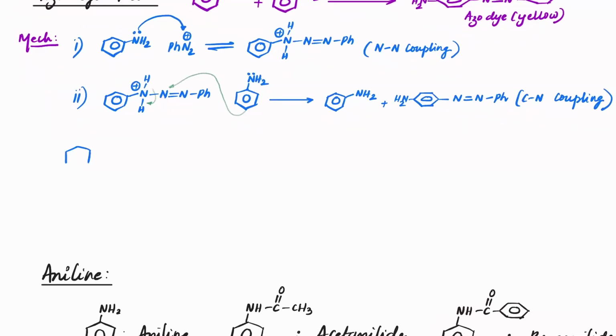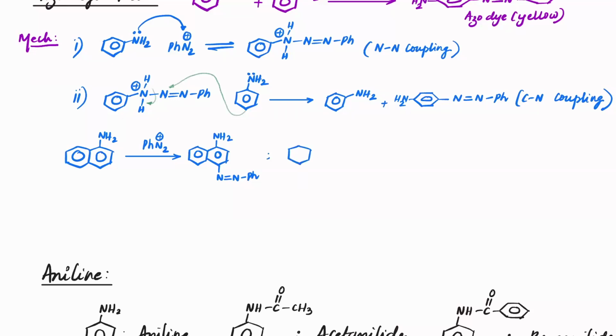What if you have a similar case where you have NH2 here? If it is NH2 here and I treat with PhN2 plus, in that case you will get this, with NH2, at the para position. So N double bond N and Ph.